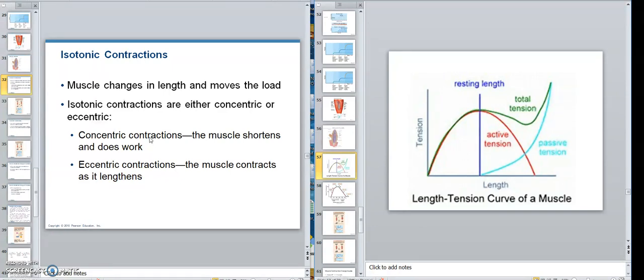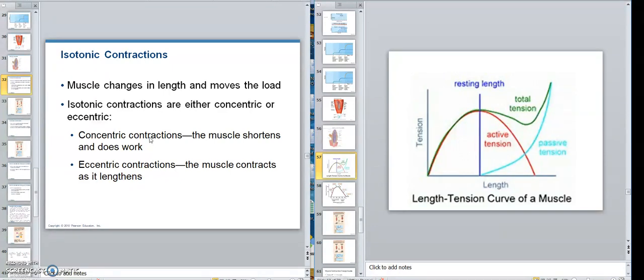A concentric contraction would be where I pull up on the barbell. So I'm doing more flexion. The muscle is shortening, but I can lift this barbell. So no tension builds up because the length is changing.